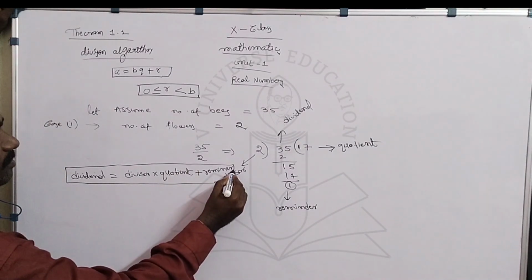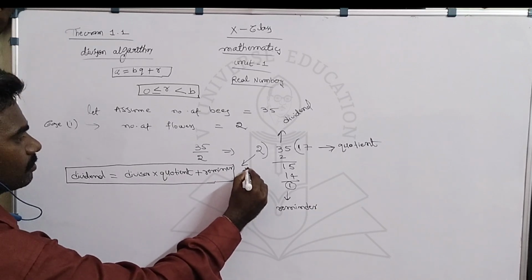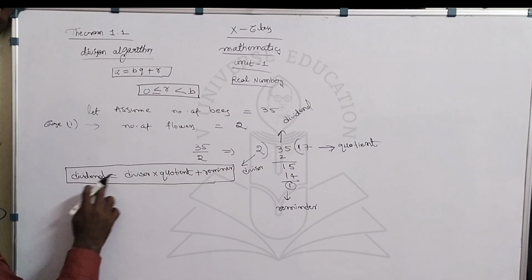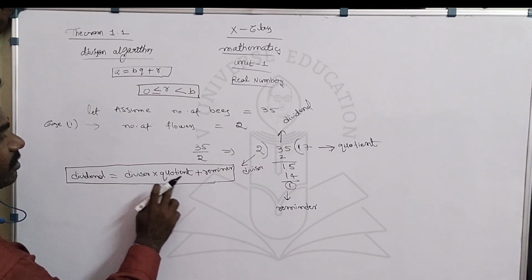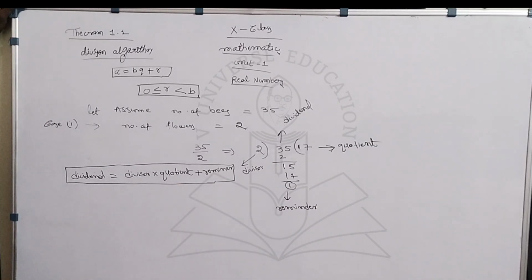Here the format we are writing is this dividend is equal to this divisor into this quotient plus this remainder.